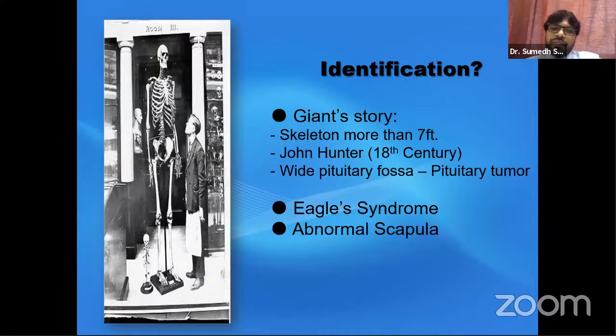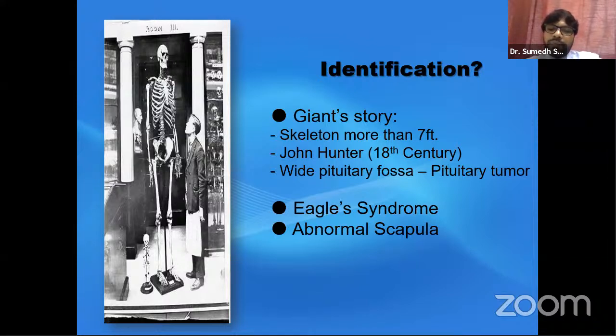So if the length is more than 30 mm, that would be called Eagle syndrome, and there is some difficulty in swallowing food, speaking and neck movement, because the glossopharyngeal nerve is located over there. It has been observed that because of this Eagle syndrome, neck movements would be abnormal.